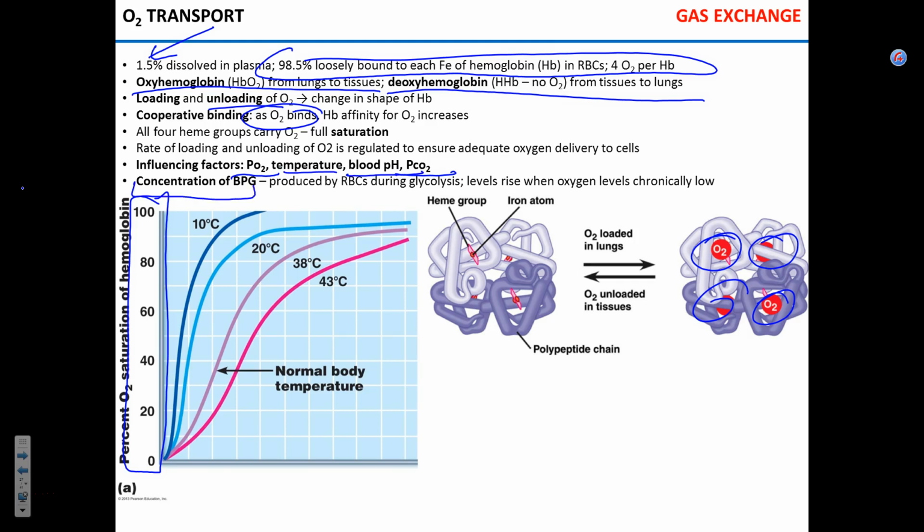Also, bisphosphoglycerate is the chemical that's produced during glycolysis. It goes up when the oxygen levels are low, so elevated levels of BPG will promote the delivery of oxygen to the tissues.